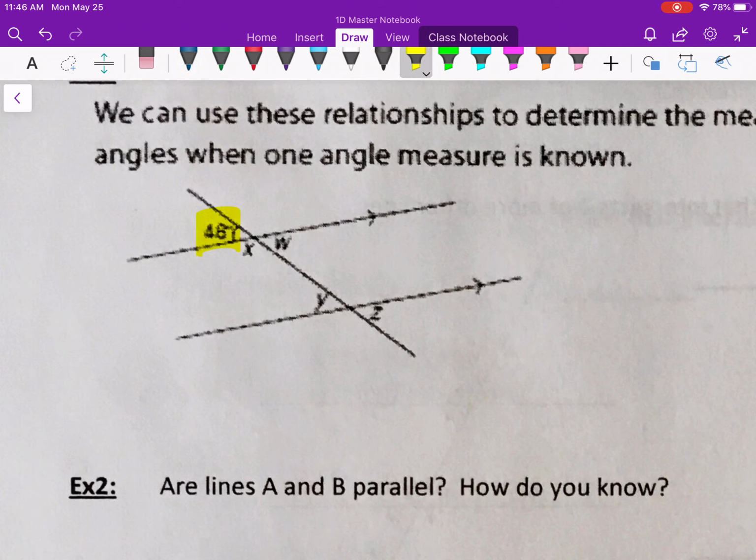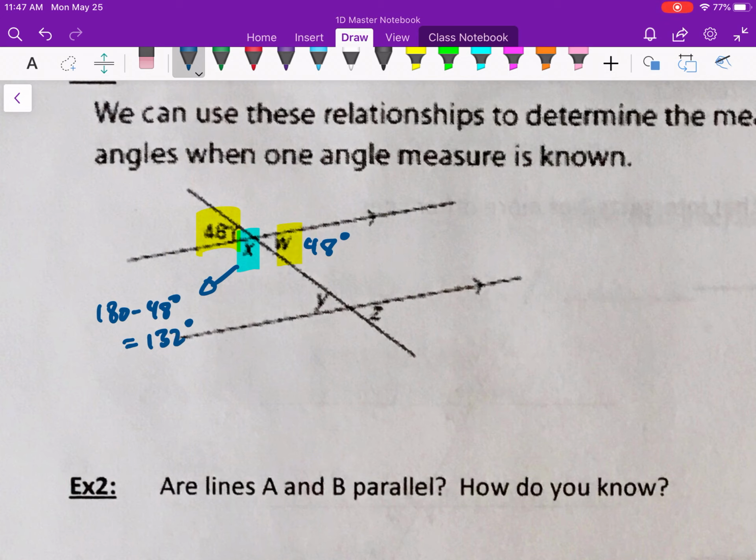If that's 48, then W also has to be 48, doesn't it? And that means that X plus 48 has to equal 180, because these ones, X and 48, whichever way you go, make a straight line. So this one has to be 180 minus 48. So that's 132.